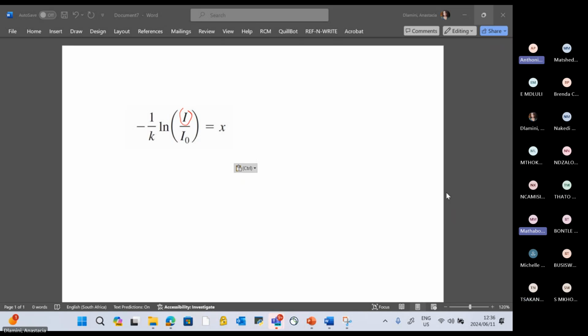Sorry, guys. Is ln x equal to log base e of x? Can I apply it here also?